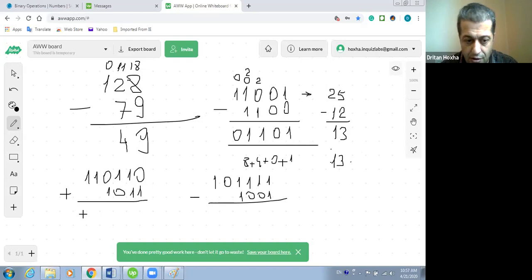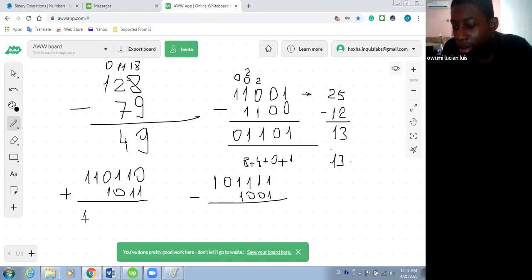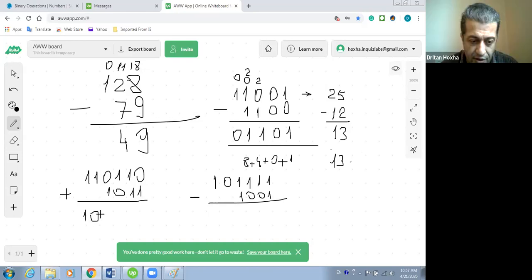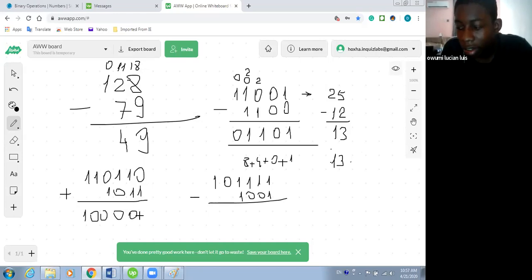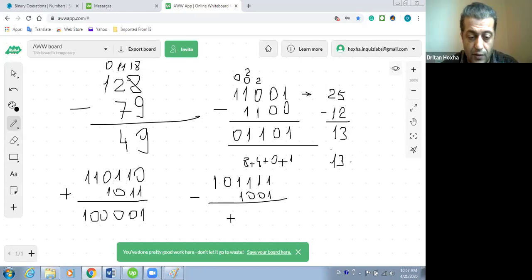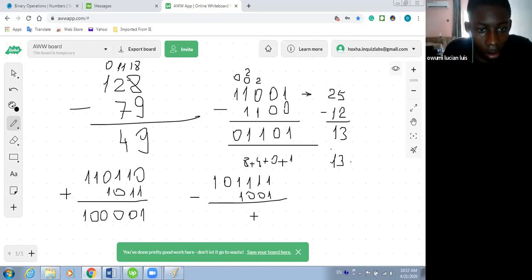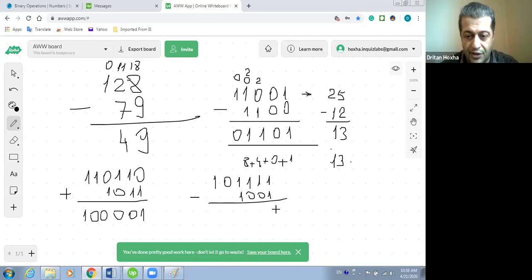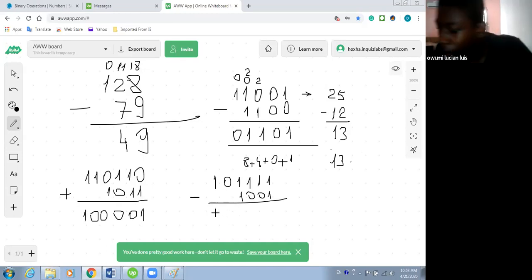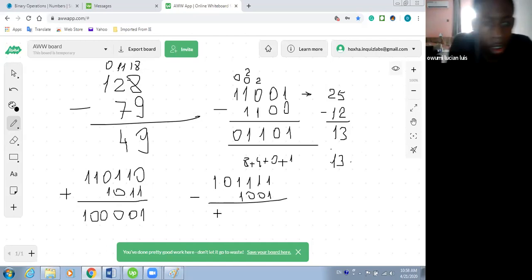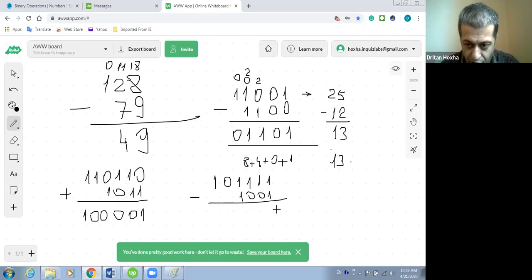1 0 0 0 0 0 1. Is it okay? Did I write it? About the subtraction, could you give the result? No, the addition. There are 5 zeros.